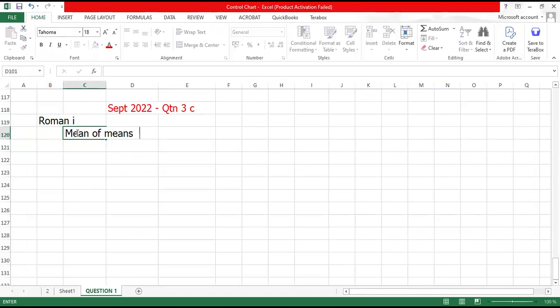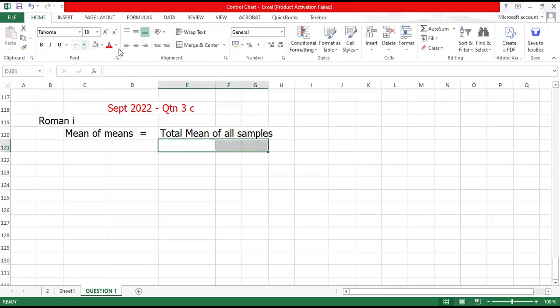That is the X double bar, equal to the total mean of all samples, then the answer you get divided by the number of samples.